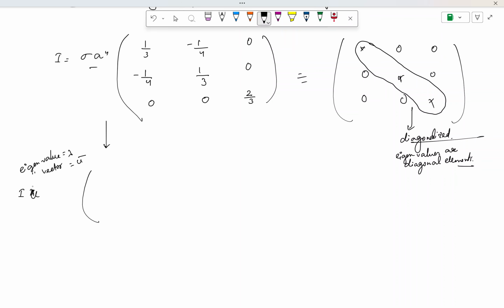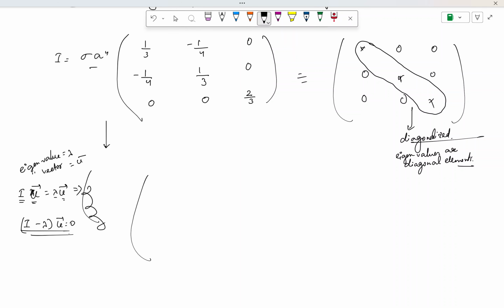So you have I u vector equal to lambda u vector, because this is the matrix or operator, and this is the vector on which it is operating, and it is giving you back the eigenvalue times the same eigenvector. So by this rule, if you take lambda to one side, you have I minus lambda u vector equal to 0, and we'll use this directly.